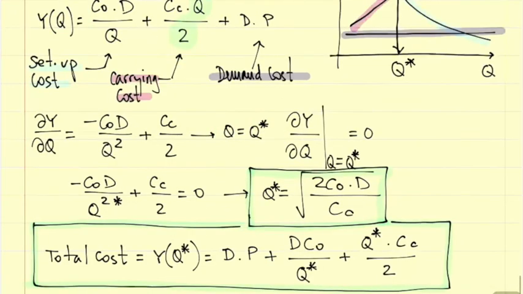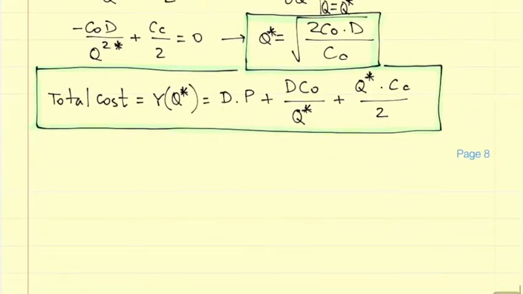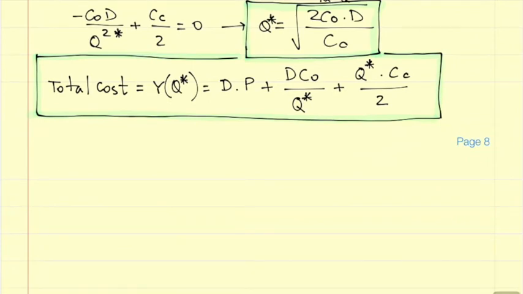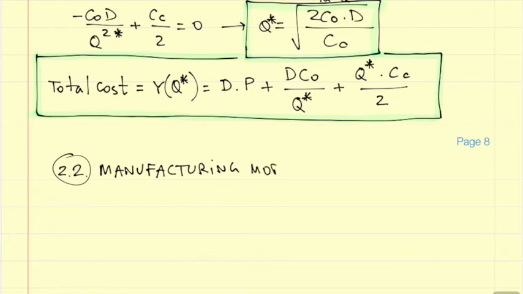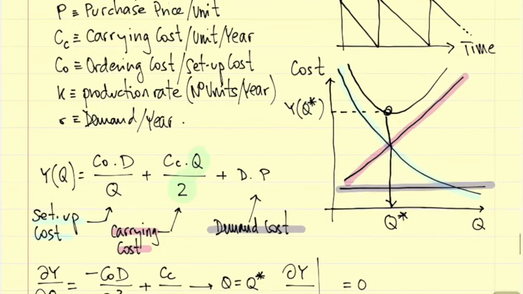So if you decide that you're going to use the manufacturing model, the only difference is that your carrying cost per unit is going to be multiplied by a factor, okay?